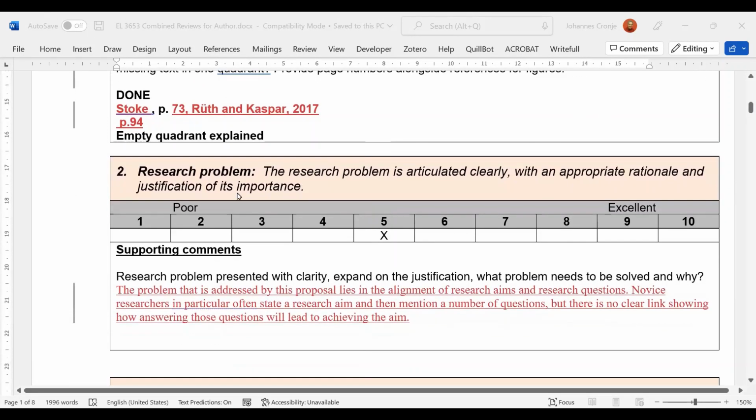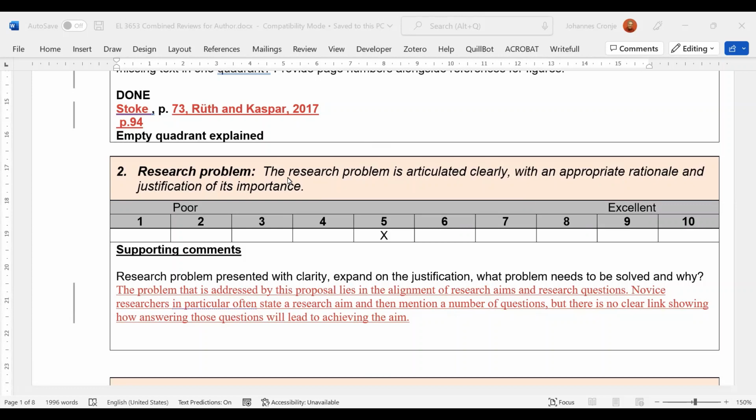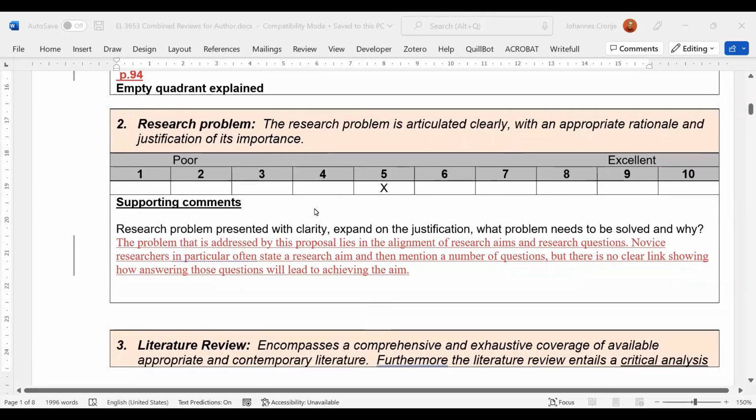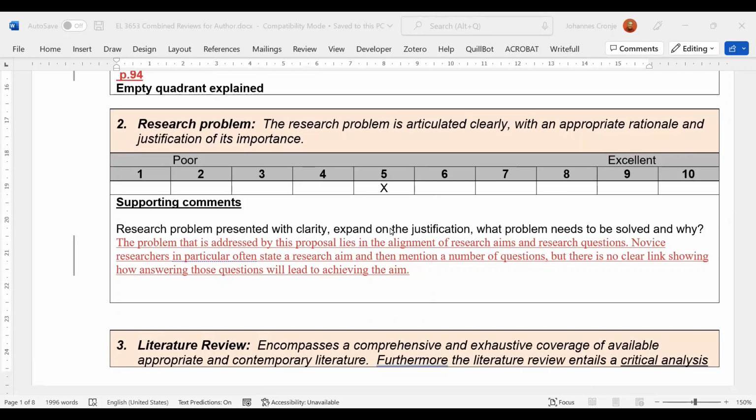The next item they're looking for is the research problem, and they want to know from the critical readers, is the research problem articulated clearly with an appropriate rationale and justification of its importance? He says, yes, the research problem is presented with clarity, but I need to expand on the justification. What problem needs to be solved and why?